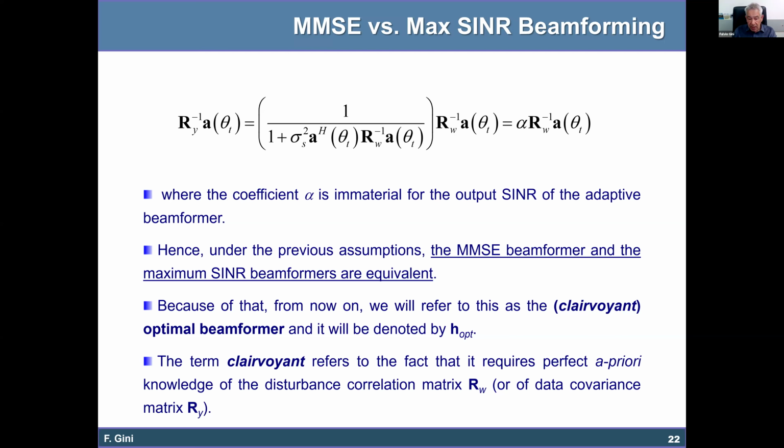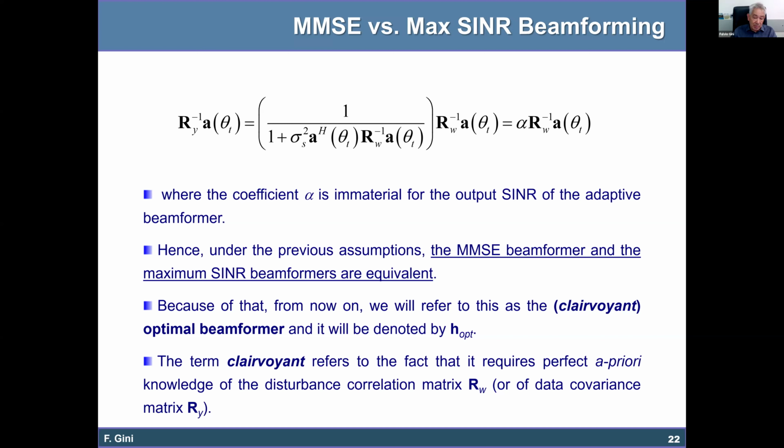Obviously, it cannot be implemented in practice, but the performance of this beamformer basically represents a benchmark to the performance that can be achieved by any adaptive beamformer that is obtained by replacing this or this by their sample covariance matrix, so by their estimate.